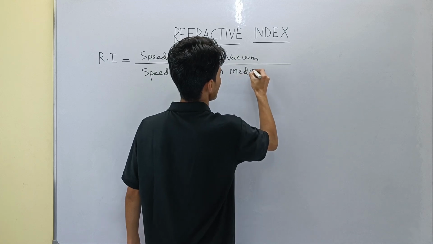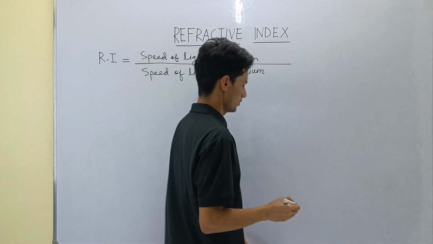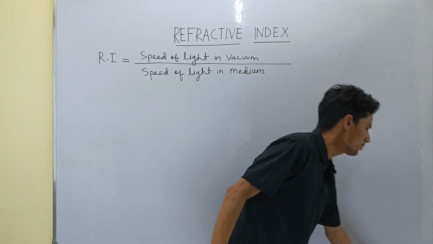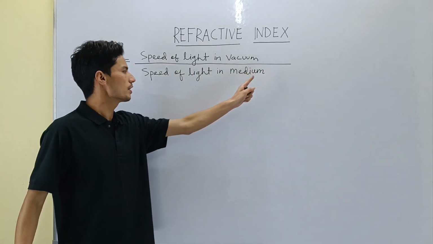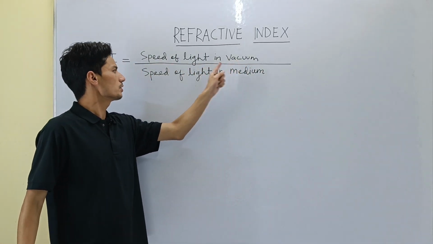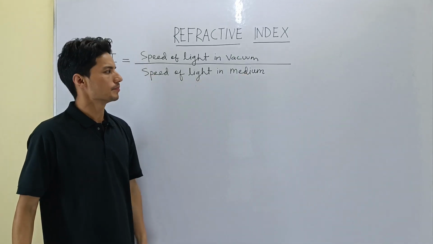Let's just write medium. Now refractive index is the ratio. This division is called ratio. Ratio of speed of light in vacuum to the speed of light in medium.